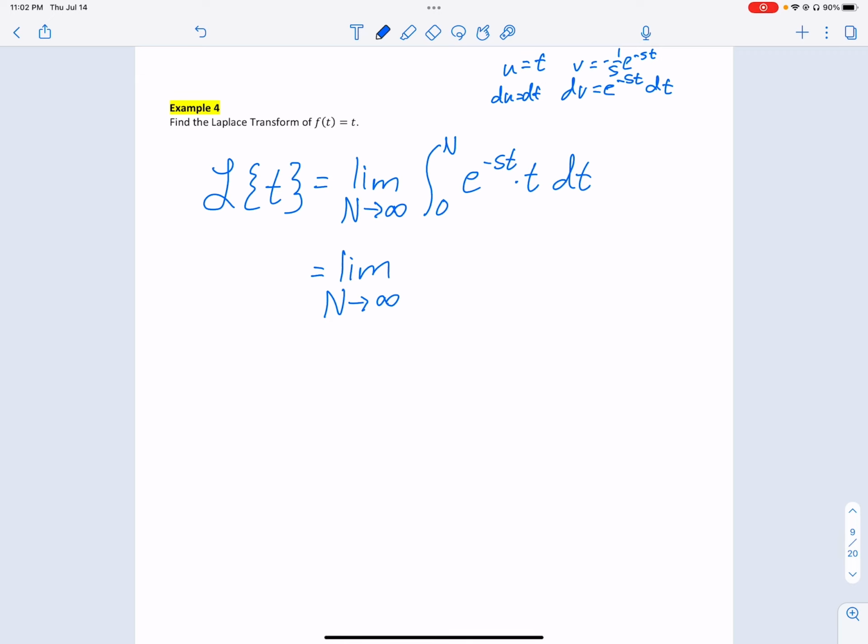That's what you would use. How this all works out, once we take all that, we get negative 1 over s e to the negative sn, minus 1 over s squared e to the negative sn, plus 1 over s squared. I believe that's how that works out.